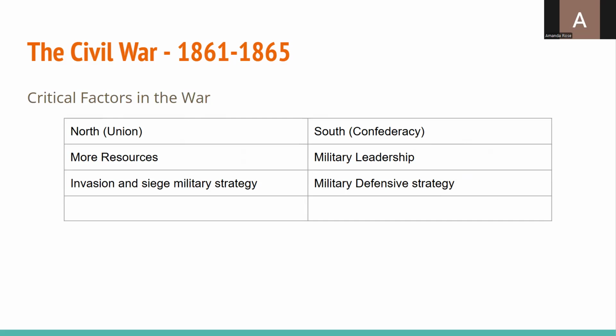We need to talk leadership. One area in which the South surpassed the North in the early years of the war was military leadership. The South had a strong military tradition, and many Southerners had attended West Point, the National Military Academy. As a result, many of the Confederate officers were better trained than their Union counterparts at the outset of the war.